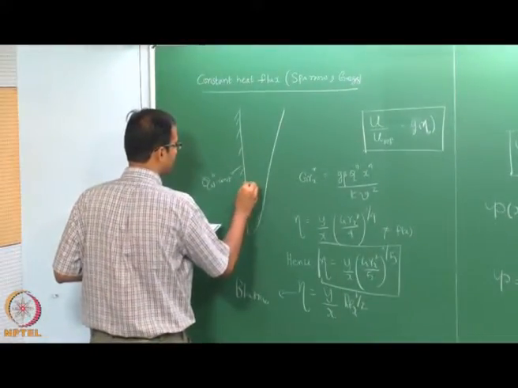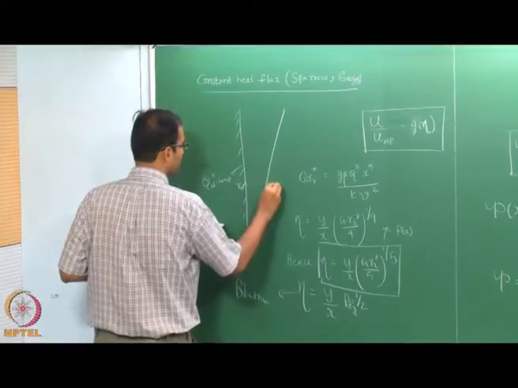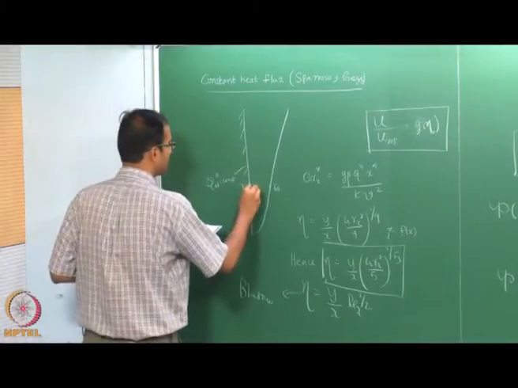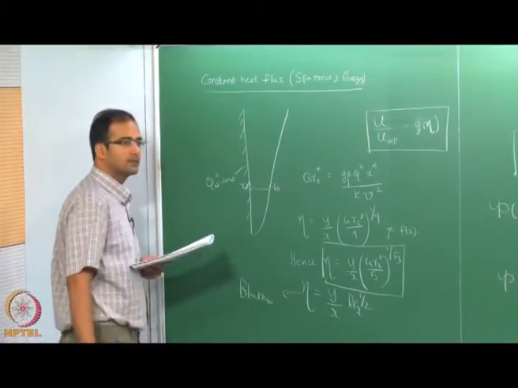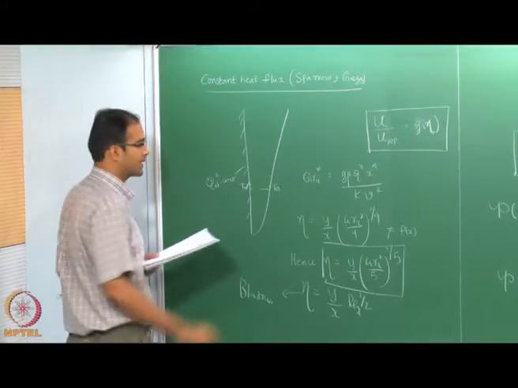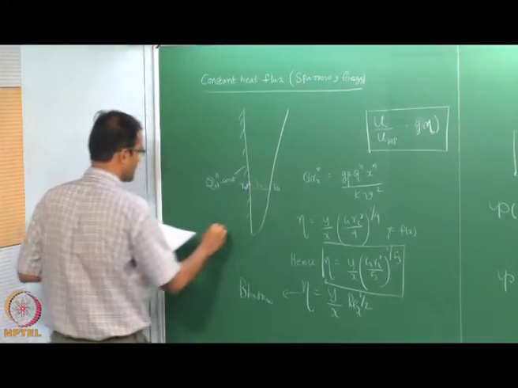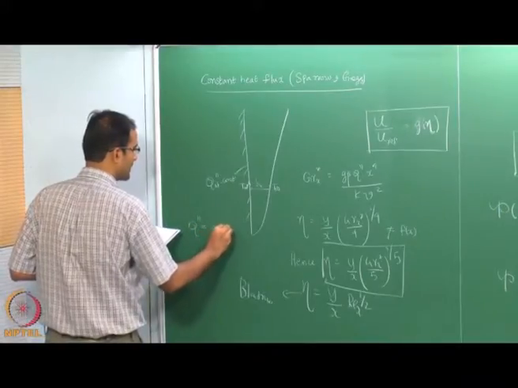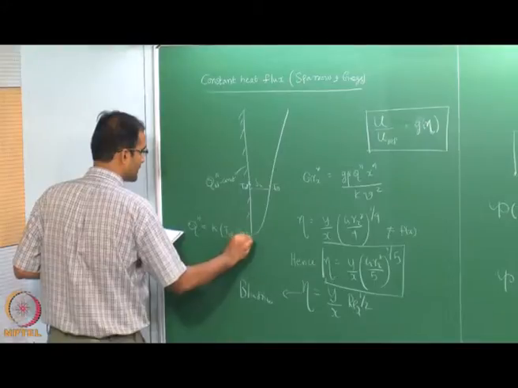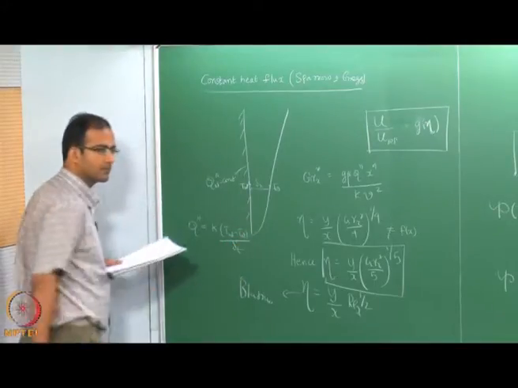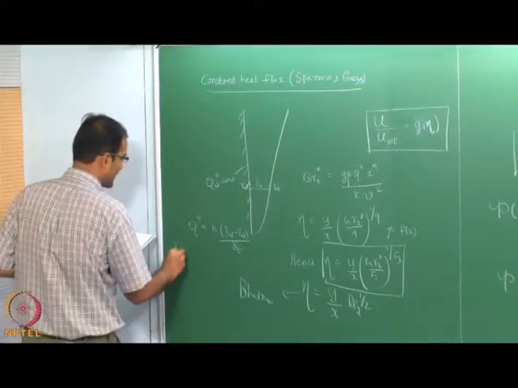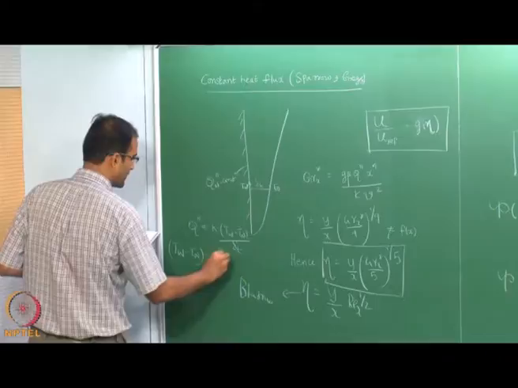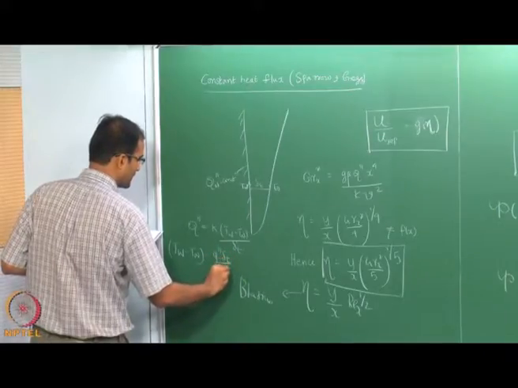Let us say that this is your T wall, this is your T infinity at the edge of the boundary layer. So, what is this distance? Delta T, this is your thermal boundary layer thickness. Therefore, if you apply Fourier's law, this will be k times T wall minus T infinity by delta T. So, we can find a scaling for T wall minus T infinity as q double prime delta T by k.